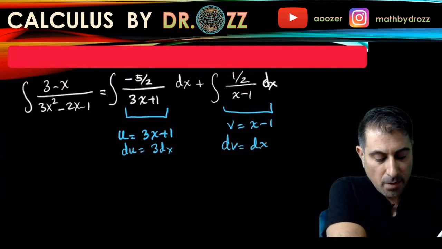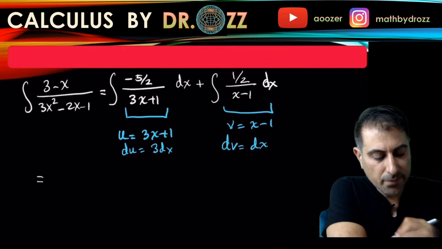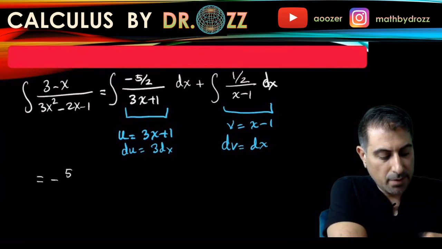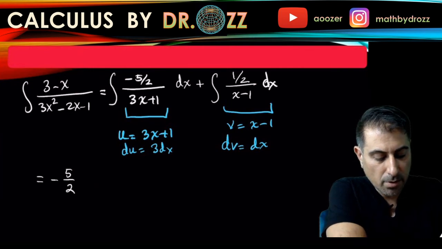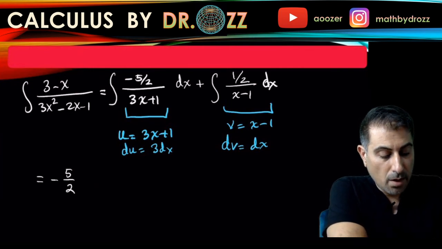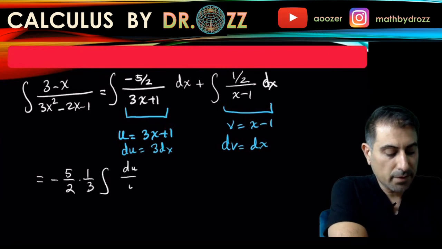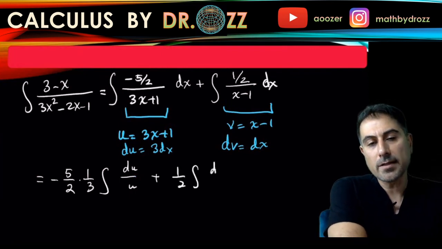So here we go. I have negative 5/2. Okay, dx is du over 3, so I have another 1/3 factor coming along. du over u plus, dv equals dx, so I'm going to pull out 1/2. It's dv over v. And these are known integrals, obviously.